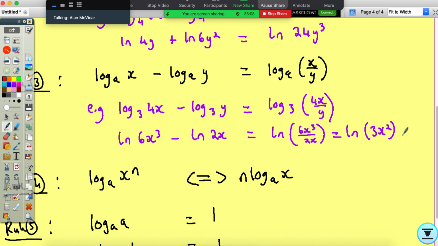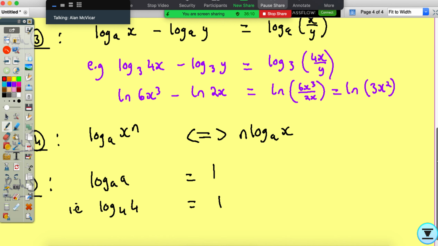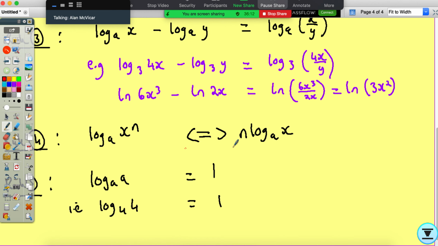Okay? Now, key rule here. If I have a number in front of a log term, I can move that up and make it a power.